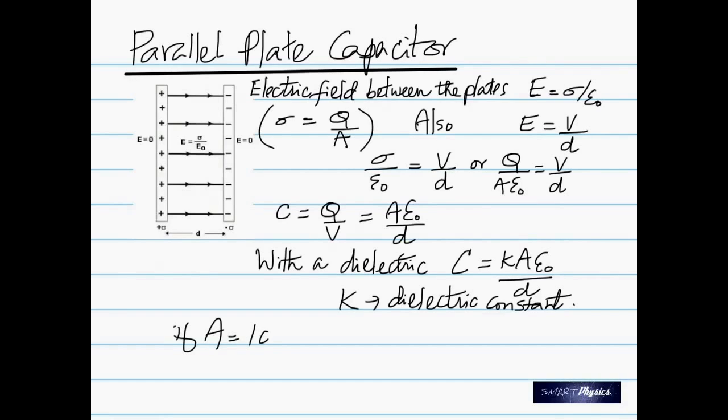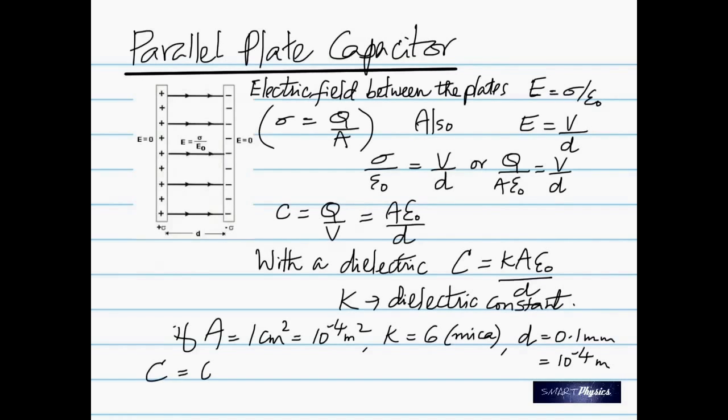Now, let's assume that the area of the plates is 1 centimeter squared. Changing into meter squared, it's 10 to the negative 4. And assuming it's mica, let's say K is 6. And let the distance between the plates be 0.1 millimeter, which is 10 to the negative 4 meter.